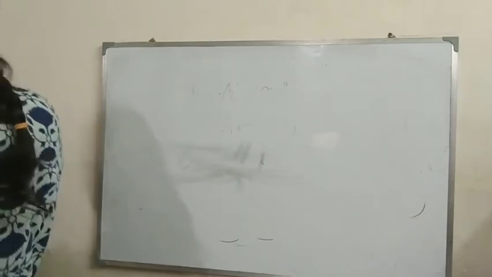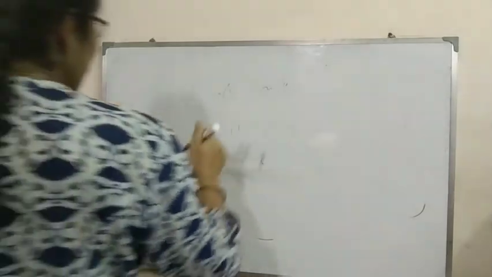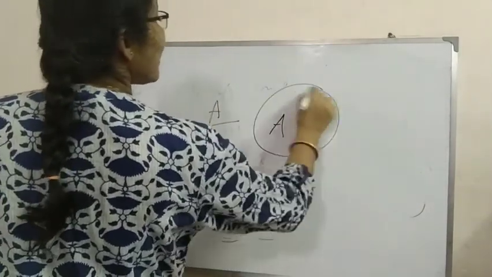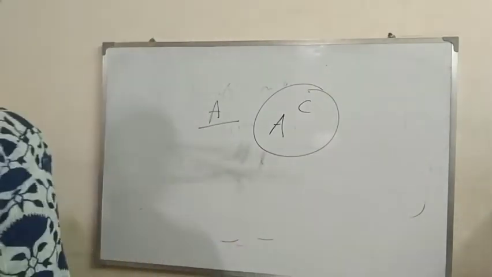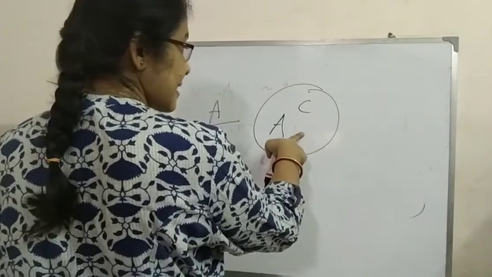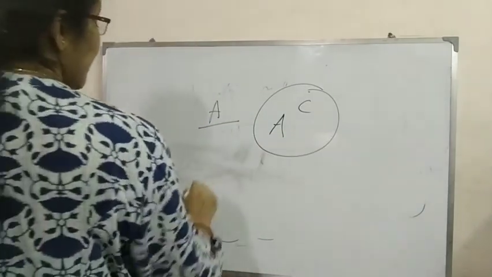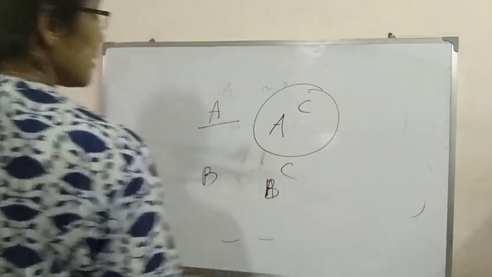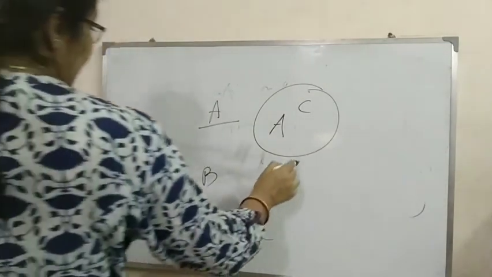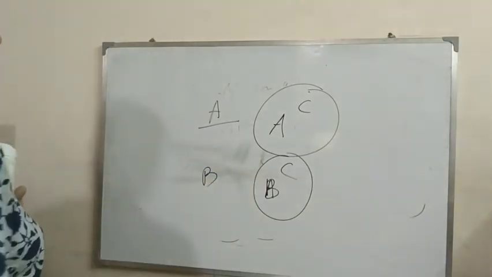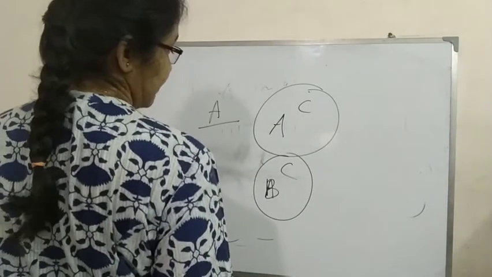Complement of a set. If A is a set, its complement is denoted by A C. That means elements of A do not exist in A complement. If B is a set, its complement is B C. Elements of the set B complement are not contained in B. Okay.